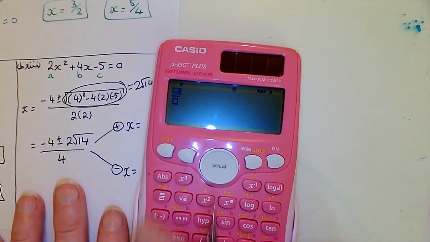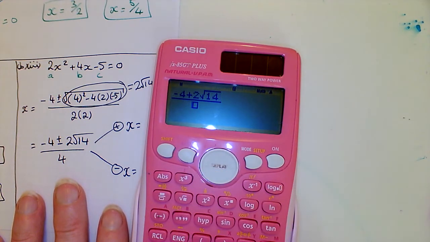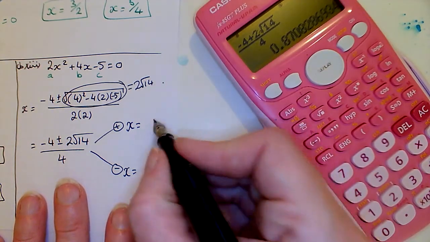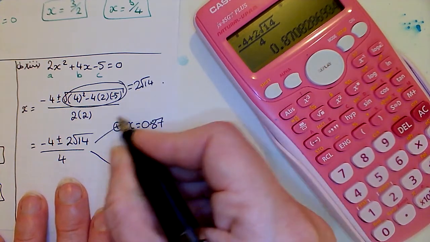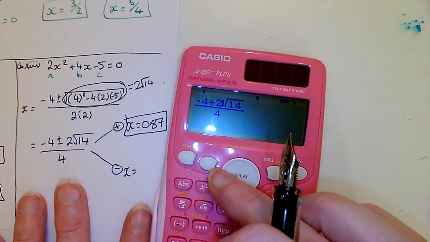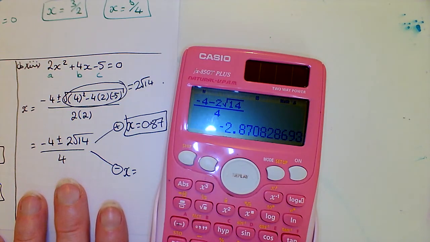So x is negative 4 plus 2 root 14 over 4, which gives me 0.87. It's one of my answers. Or it's exactly the same thing with a minus here instead. Minus 2.87.